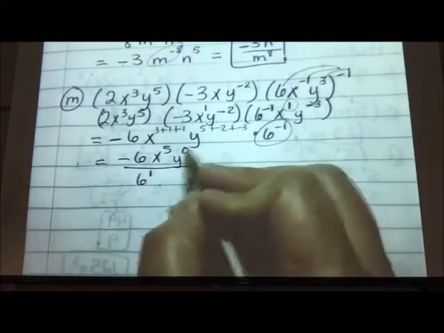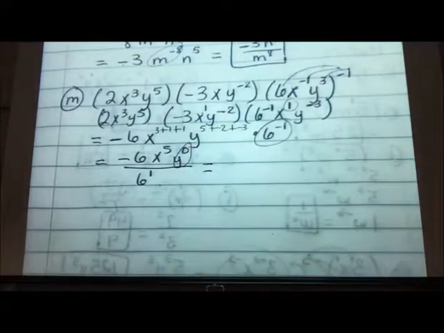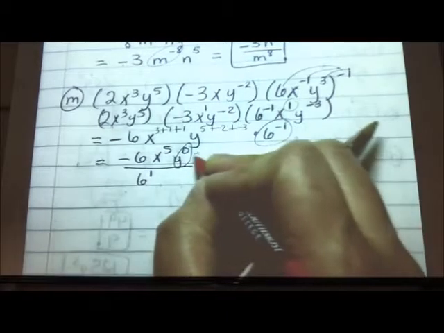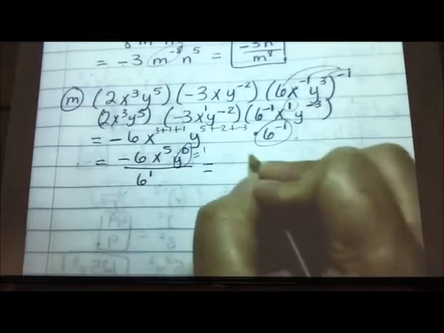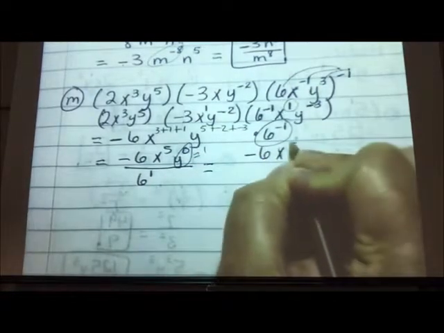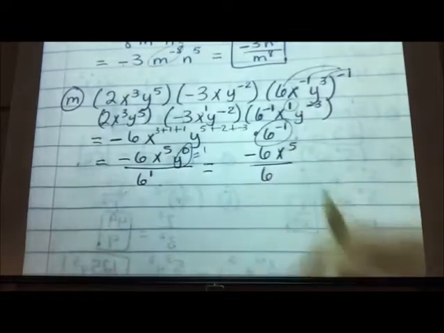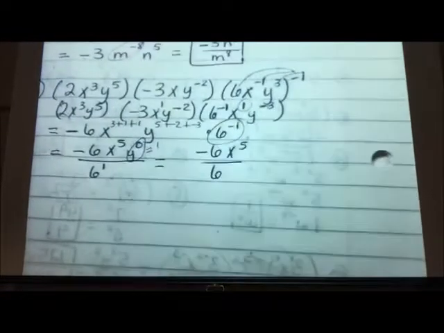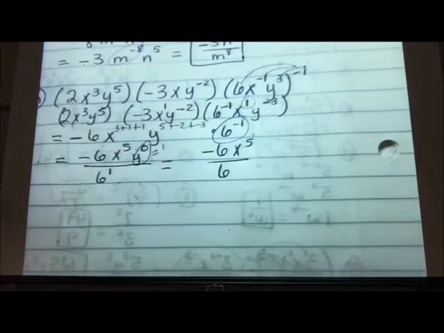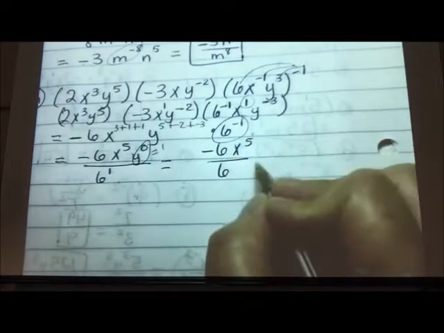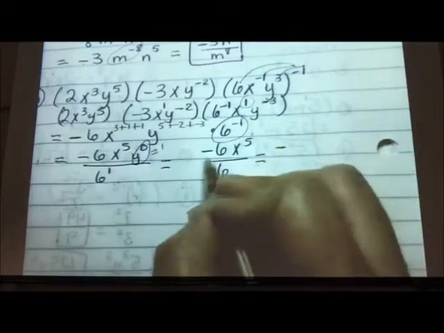So this here, y to the 0 is still 1. So this is just negative 6x to the 5th over a 6. Now, all that craziness is going to simplify to just one little thing. 6 divided by 6 is 1, but there's a negative.